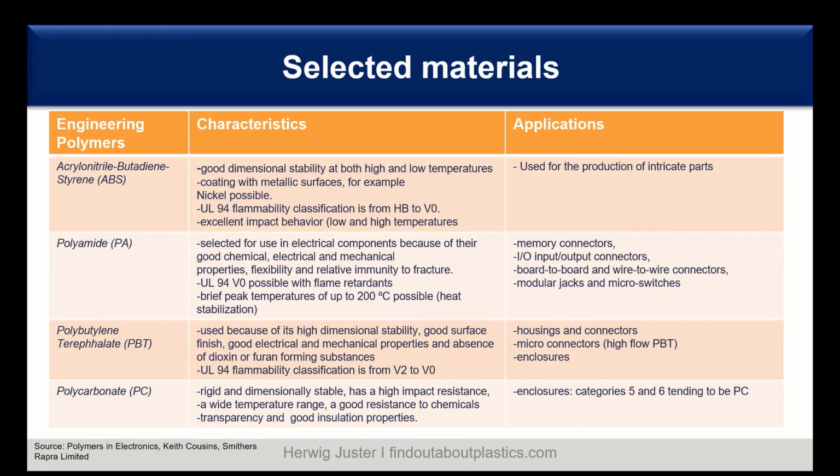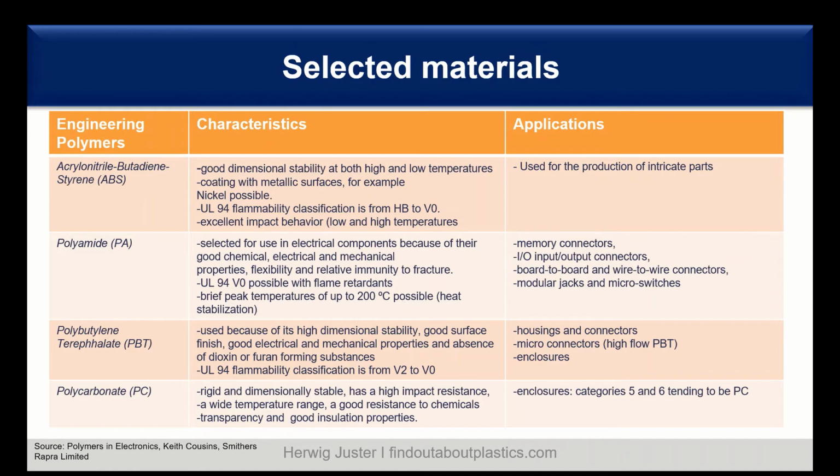Then we continue with polyamides, PA. So it is selected for electrical and components because of the good chemical, electrical and mechanical properties of the material, combined with flexibility and relative immunity to fracture.